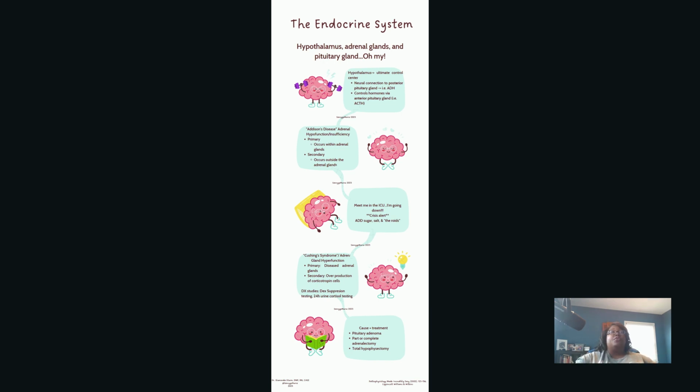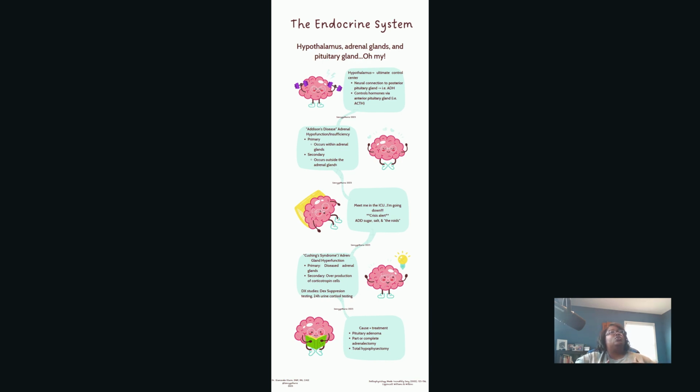So anytime you're dealing with Addison's or Cushing's, I would definitely look at what are the characteristics and put them on a note card, test yourself with your classmate, and really make sure you understand the characteristics, because that does open the door for a lot of good select all questions. Just FYI, just saying.